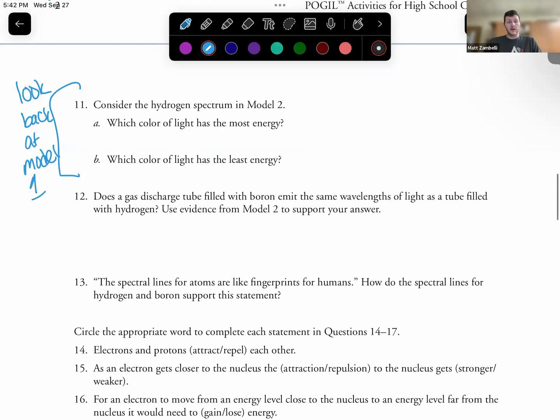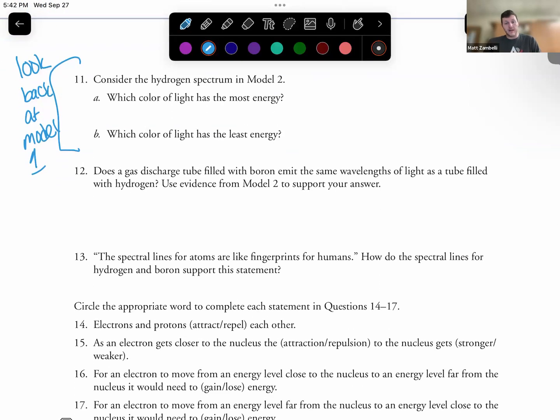Number 12 says they emit the same. Remember to use evidence here. Come up with some sort of evidence from model 2, something about model 2 that tells you yes or no. Use some evidence or some data, something given to you.